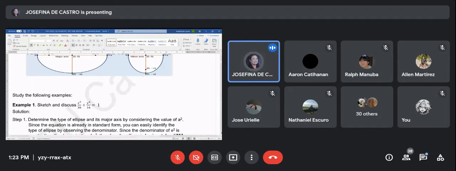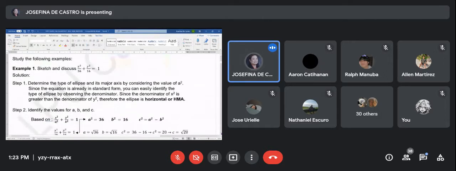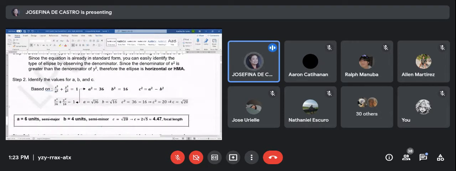Then for your C, square root of 20. So square root of 20 is 2 square root of 5, approximately, rounded off to 2 decimal places. That is 4.47. So every time we are going to discuss, starting now, I want you to have a calculator with you, not your cell phone.